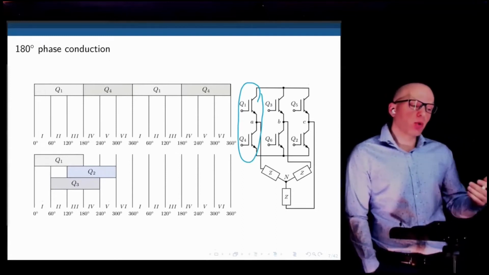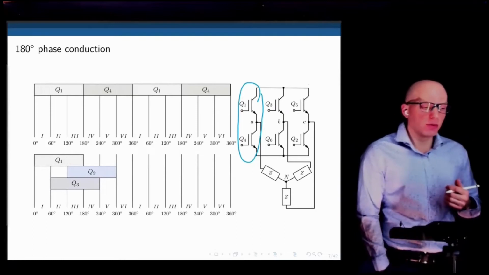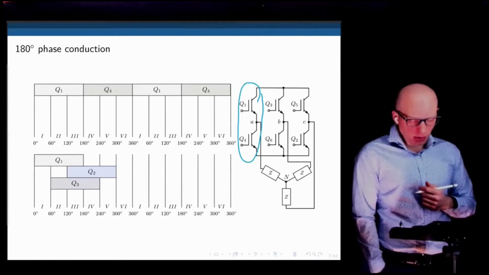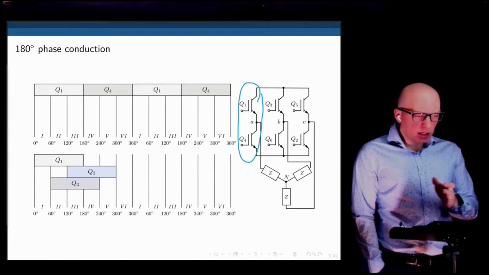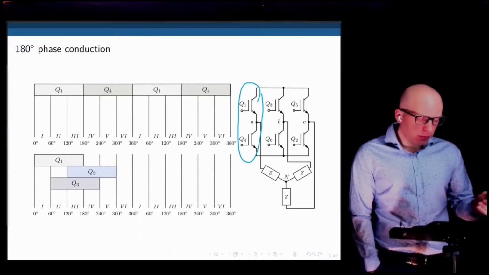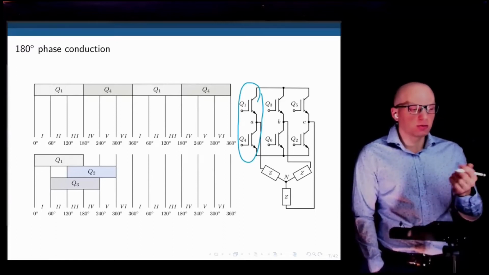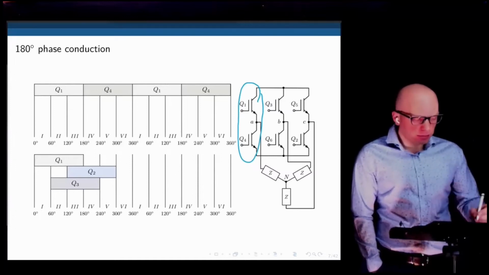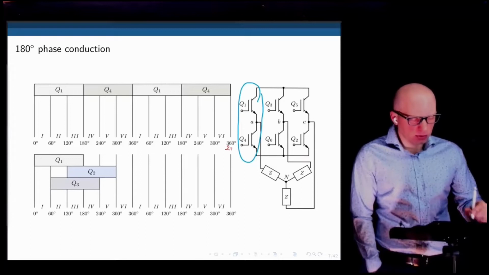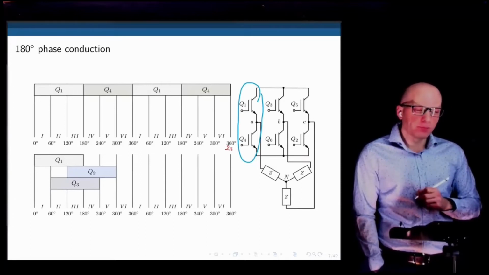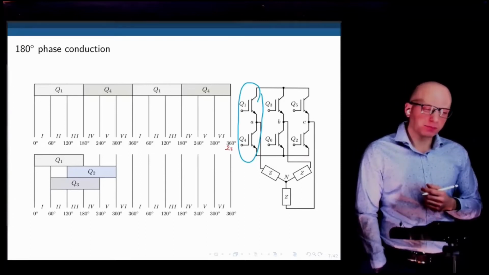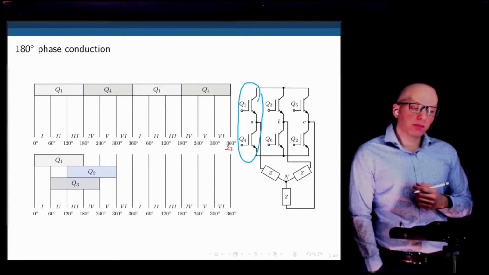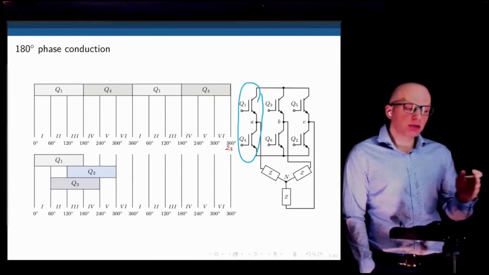So either Q1 or Q4 can conduct, but not both at the same time. Now we take our period, 2 pi radians here, which we are showing in degrees to make it easier. This is the period of the sinusoidal waveform we want in the output. So it's frequency independent, and we split that into different regions.